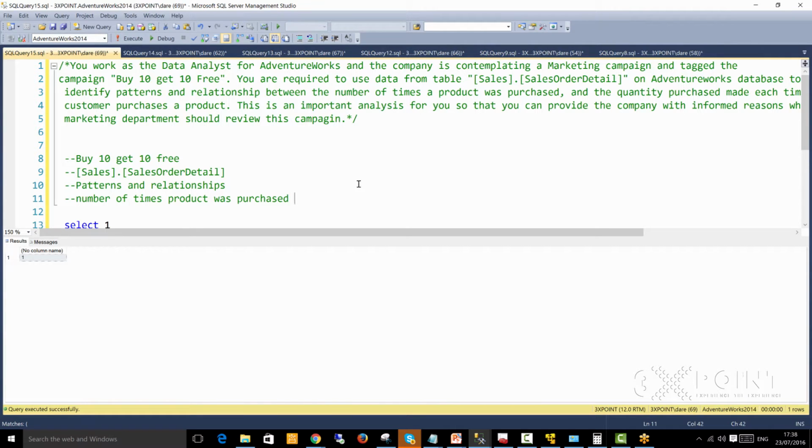So as I've just said this back again in my head, I could just write it down. Sometimes it might even be a paper that you have beside you where you could just scribble things. Even though I've written it before, number of times product was purchased. Okay, how many times the product was purchased.